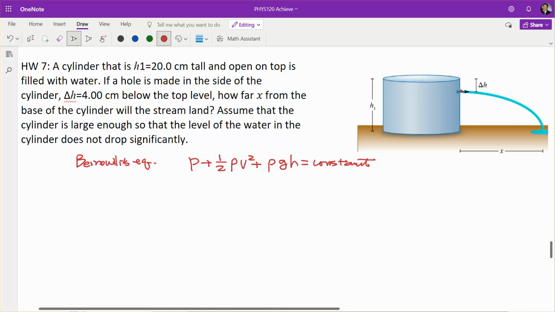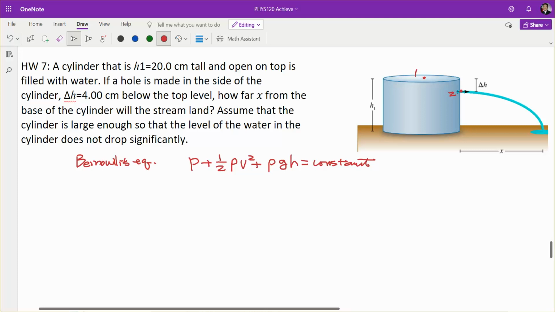The point I will pick is the point at the top of the tank. At the top of the tank, I can find the pressure, the velocity, and also the height at that point.